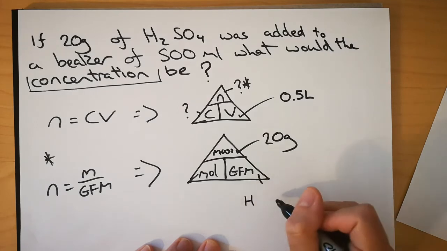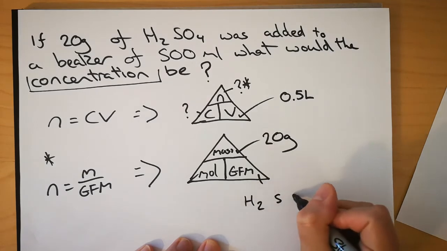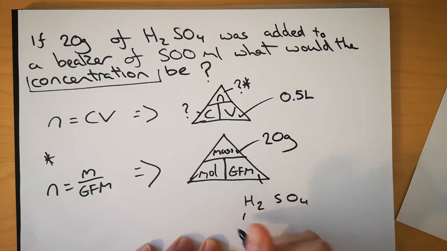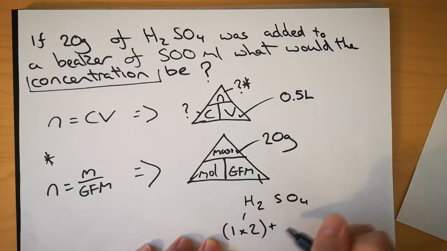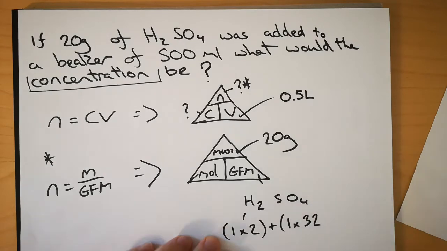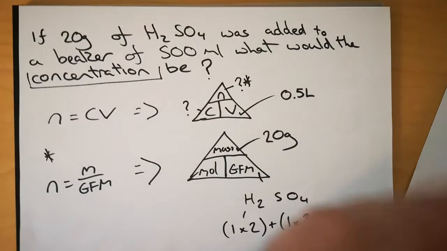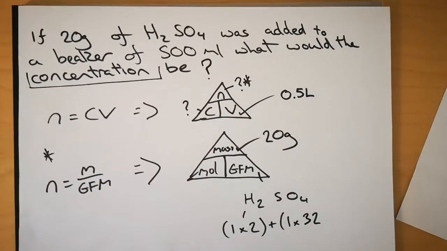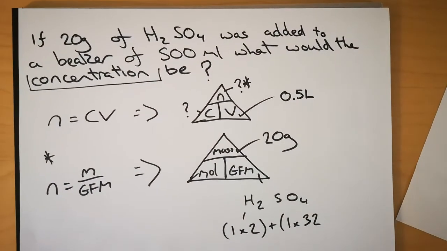So H2SO4. That hydrogen is going to be 1 times 2, plus 1 times 32. And I'm just going to double check that. I think it's 32 in the National 5 data booklet.